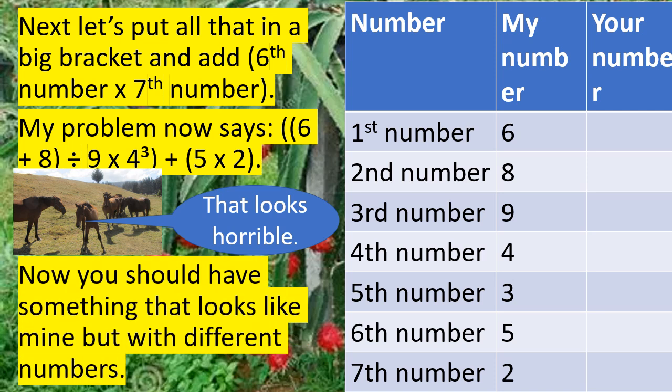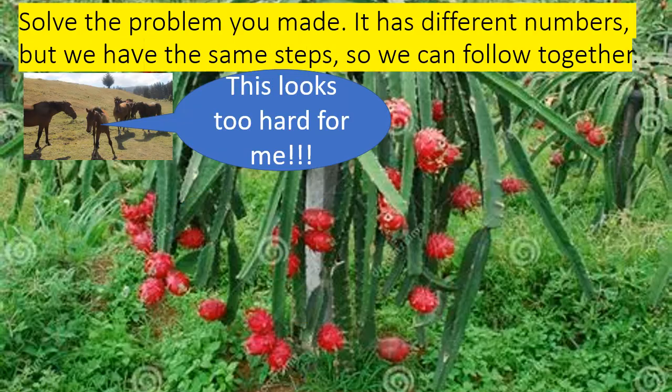Now that you've got something that looks like mine, but with different numbers, we're going to go ahead and try to solve whatever equation you've got. Your one will have different numbers, but we'll take the same steps so you can follow along. You can see the horse there saying, this looks too hard for me.